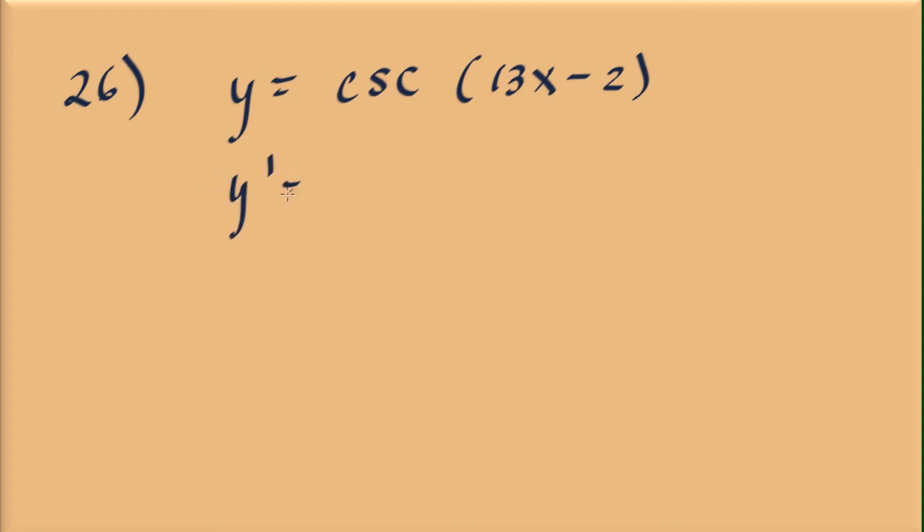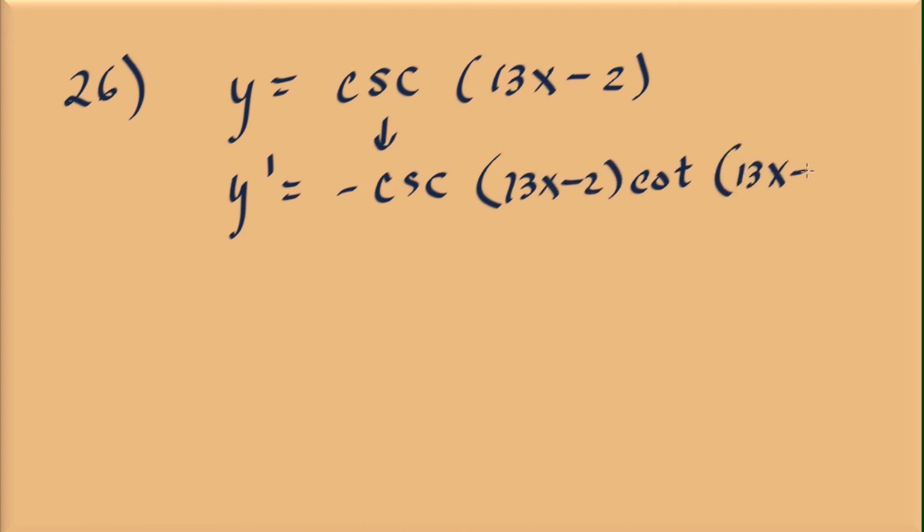Okay, number 26. Let's see cosecant. Let's say cosecant of 13x minus 2. What is the derivative? The derivative of cosecant is negative cosecant cotangent. Okay, so negative cosecant 13x minus 2, cotangent 13x minus 2.